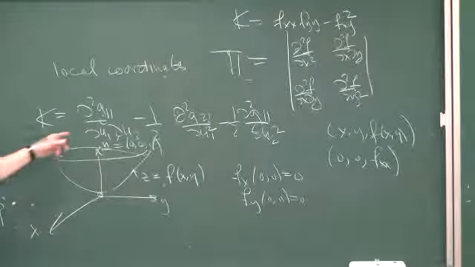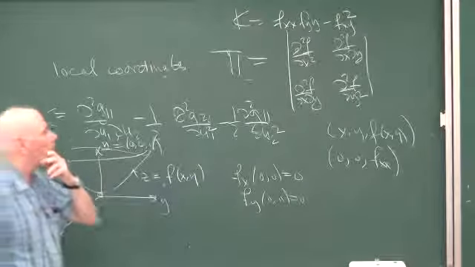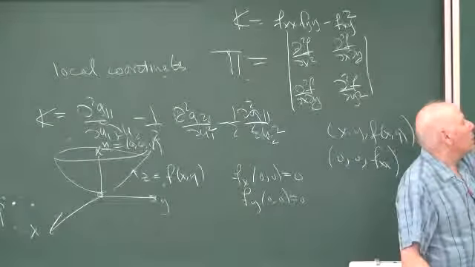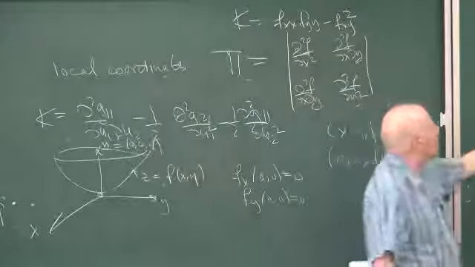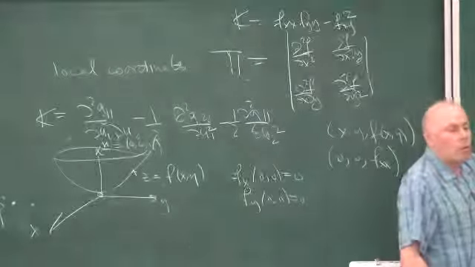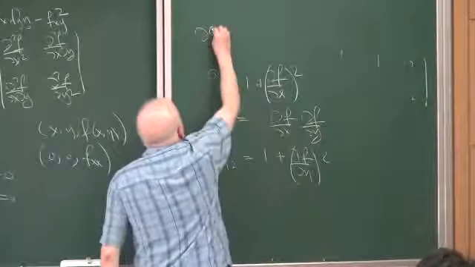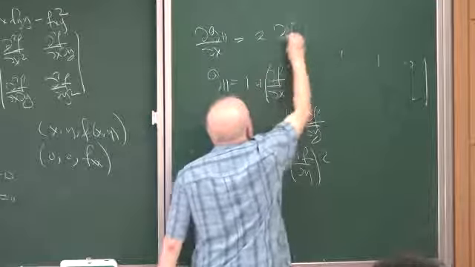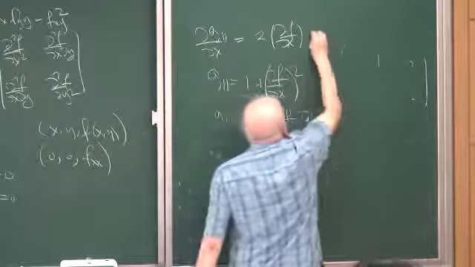Okay, what is the derivative of G11? Now let's check this with u1 equals x and u2 equals y. So what's the derivative of G11? It's the differential with respect to x, which gives 2 partial of f with respect to x, times partial of f sub x, x.